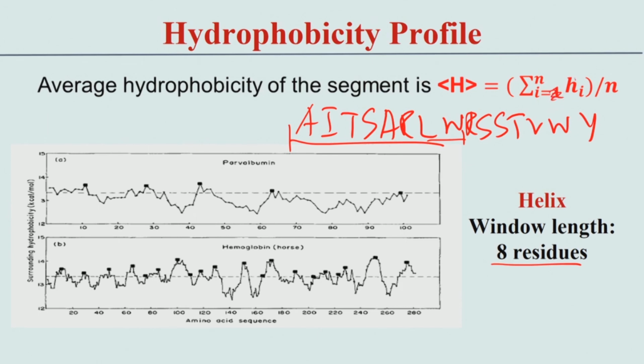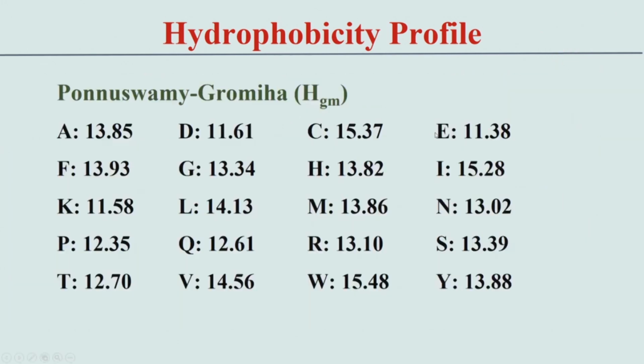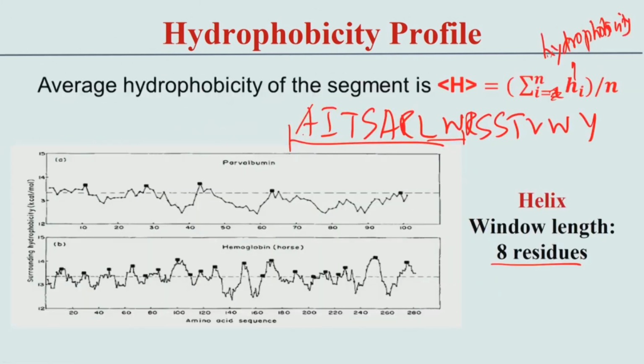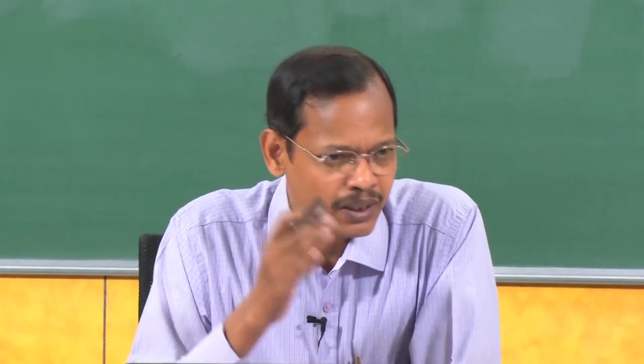What is hi? Hydrophobicity. This is the hydrophobicity value. So, for each residue we have the value, assign the values, add up the values and divide by n. So, n equal to this segment, this 8 residue means n equal to 8, right, you can do that. So, we get the different values, you can use these values to predict secondary structures.